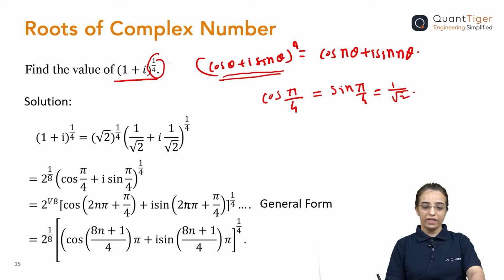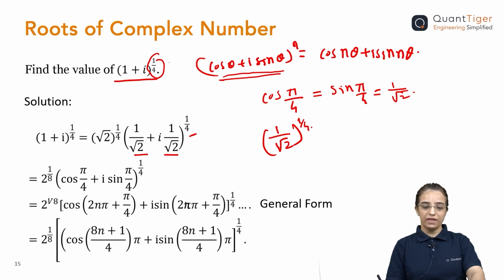Here the power is 1/4. If you take 1/√2 and raise it to the power 1/4, it will give the value 1 only. That's the reason we can keep it here. Instead of this 1, we are writing 1/√2, which is the value of cos pi by 4.